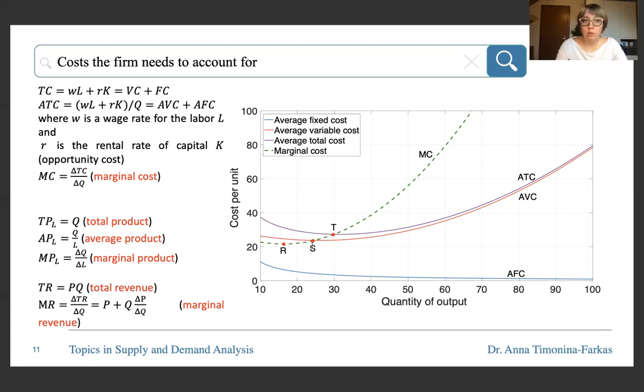However, as soon as one adds too much labor, for example, and the labor starts to get in each other's way, then marginal returns start to diminish. It is the law of diminishing marginal returns, and the average variable cost goes up. The average total cost, as you remember, is just the sum of average variable cost and average fixed cost.